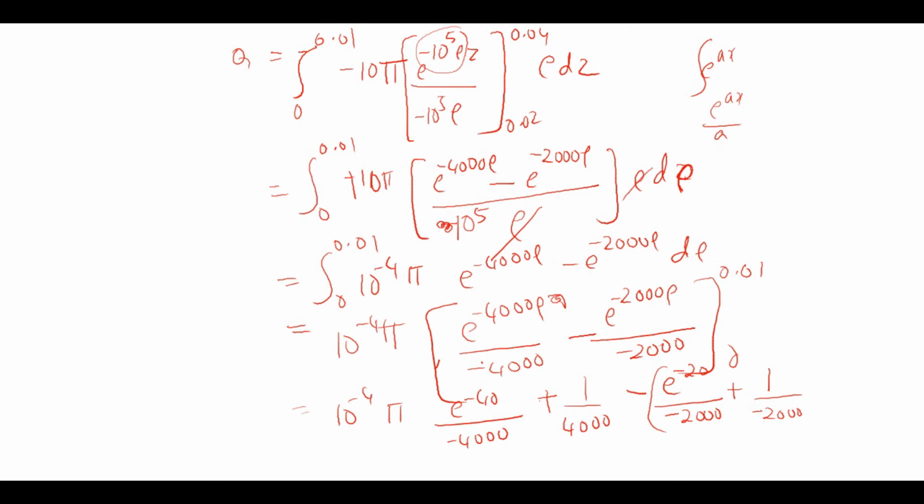So minus minus becomes plus again, 1 by 2000.